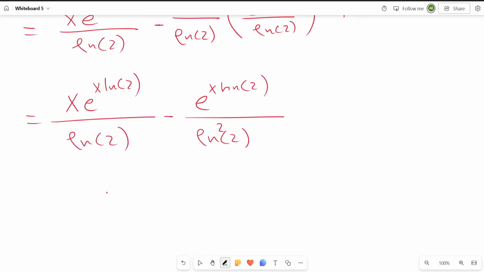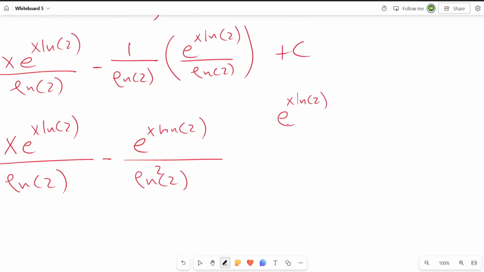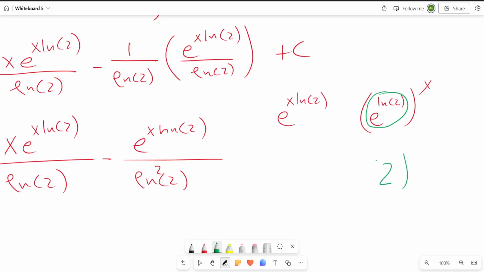And what I can do to simplify this even more, e to the power of x ln of 2, I can do the opposite of what I did in the first part. I know that this could be written as e to the power of ln 2 all to the power of x, and I know that this part over here is nothing but 2, all to the power of x.